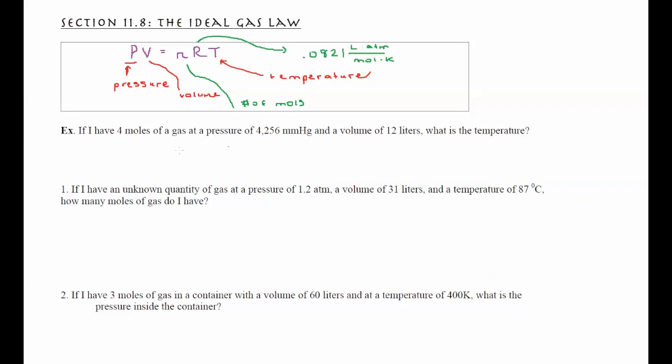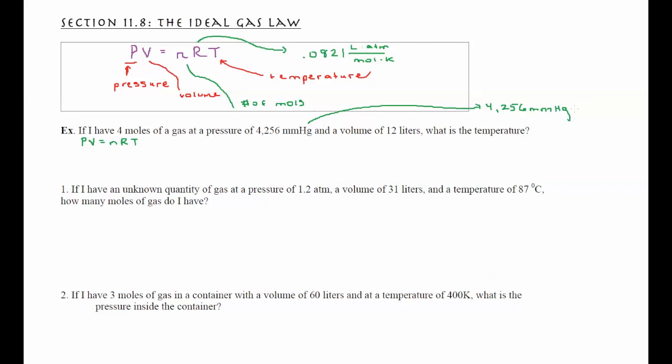So in this problem, I'm solving for temperature. As I write out this problem using PV equals nRT, I need to make sure I'm in the correct units. So 4 moles, I'm good because I want my units to be moles. Pressure, unfortunately, is not in the correct units. I need to be in atmospheres. So I'm going to quickly convert this. 4,256 millimeters of mercury.